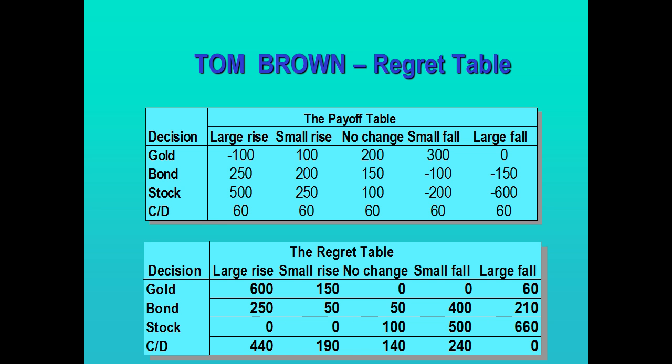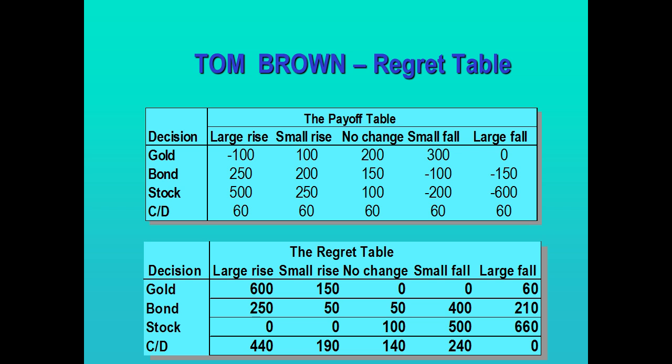Stock 250, bond 200. I could have made $50 more, so a $50 difference. I made 100, which isn't bad, but I could have made 250, so 150. I made 60, but I could have made 250, so 190. You see that? This table no longer represents payoff. This table represents regret. Make sense?